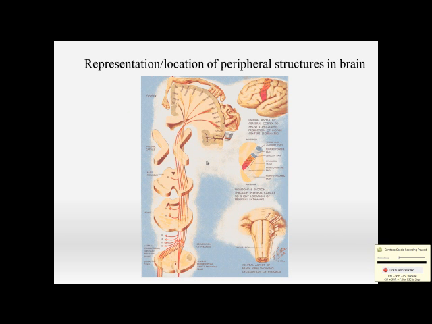Another way to think about mapping function to location in the brain is to recognize that to some degree we can see how different body parts are represented by nerve endings, nerve fibers, nerve tracts actually, that can be exposed on the cortex of the brain. Now, this was discovered back in the 50s by a couple of neurologists who did split brain studies on epileptic patients.